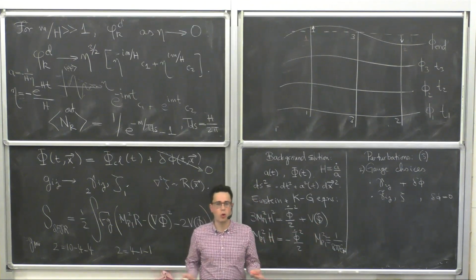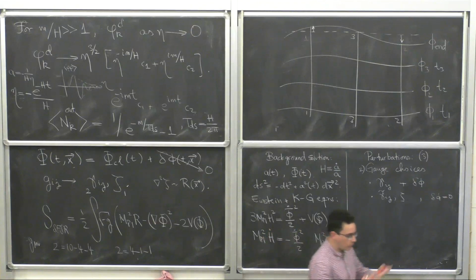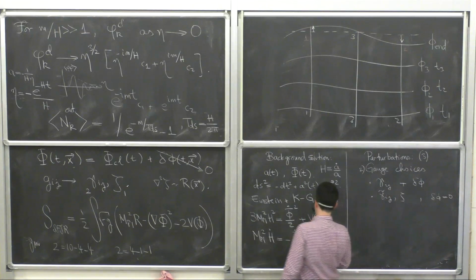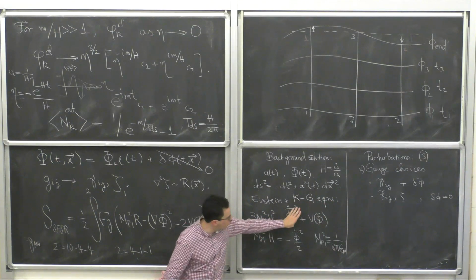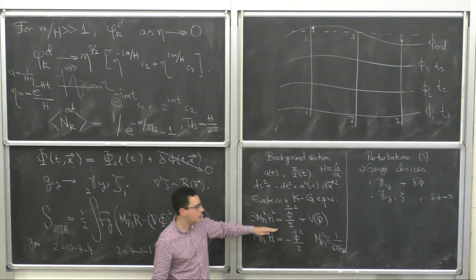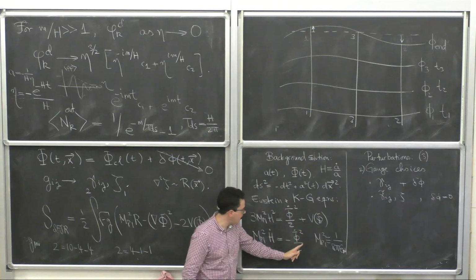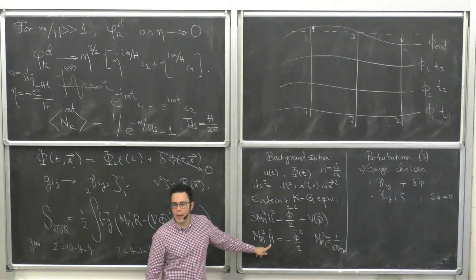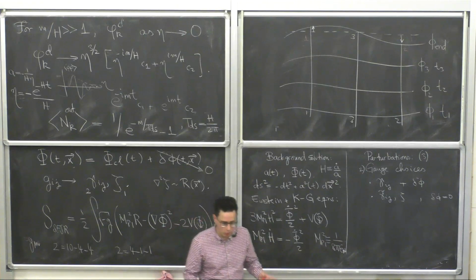This is called slow roll. When we say single field slow roll inflation, it literally means the scalar field rolls very slowly, so it has very small kinetic energy and the potential energy is large. So you're supposed to at first neglect the kinetic energy. The potential gives you the Hubble rate, and once you put back in the kinetic energy, it gives you a very small time variation of the Hubble rate. That's the background solution.